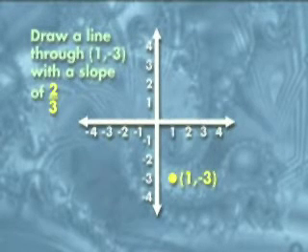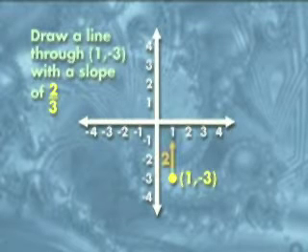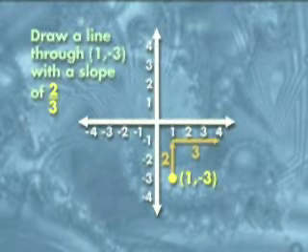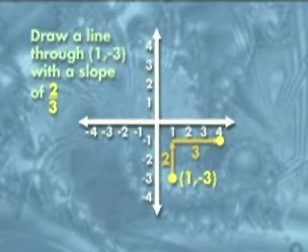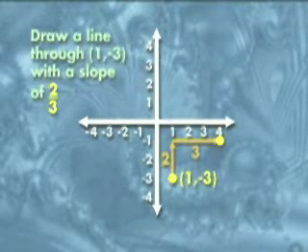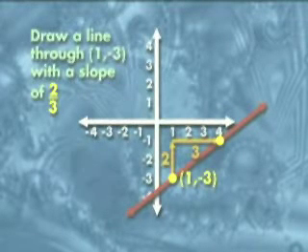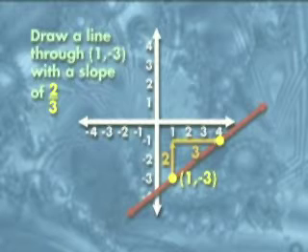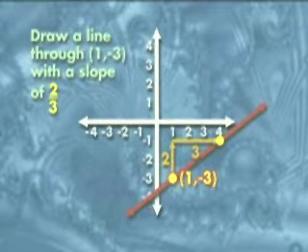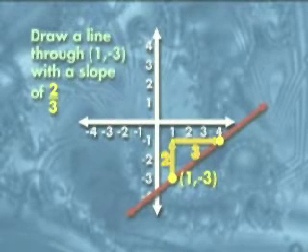So starting at the given point, we rise up 2 and over 3 to arrive at the next point on the line. Once we have 2 points, we can just connect the points to make a line. So this is the line that goes through the point 1, -3 with a slope of 2/3.